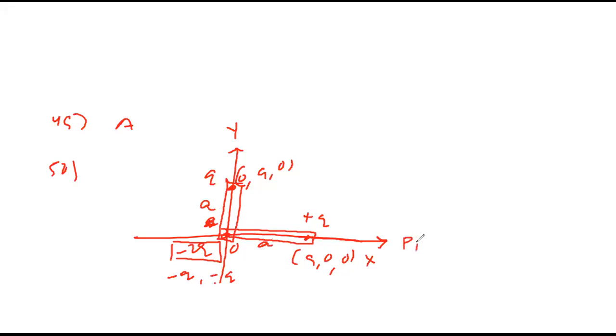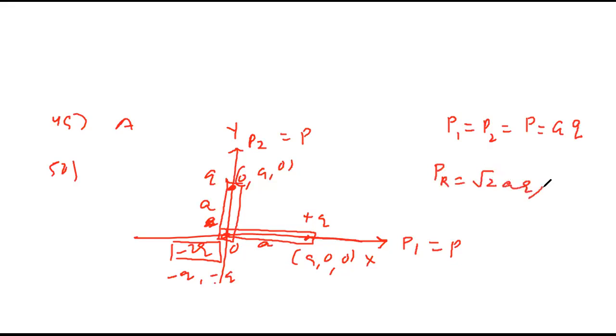So this is suppose P1, minus charge to plus charge P2. But P1 value, P2 value is same. P1 is same as P2 is same as P, which will be Q into A. Net will be root 2 P. So resultant is root 2 times AQ, correct?